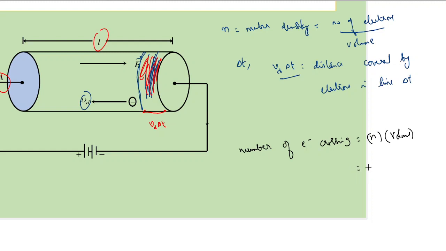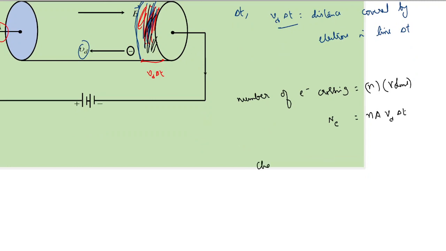Number density is small n, which is a constant for a given conductor, into volume. The volume is the total volume, which would be area into length, which is A, and the length would be Vd into delta t. Keep in mind that here we're taking only the magnitude of drift velocity. So this is the number of electrons crossing, which I call n suffix e, just notation, nothing beyond that.